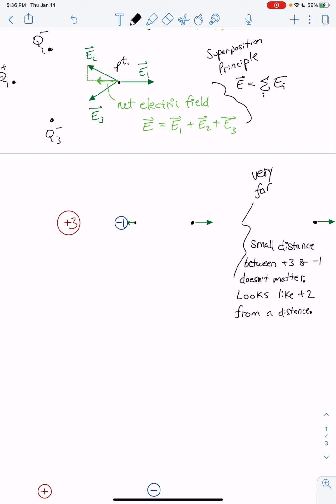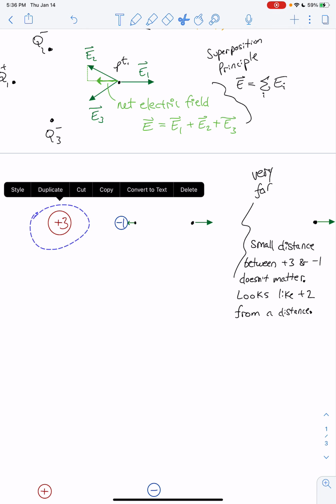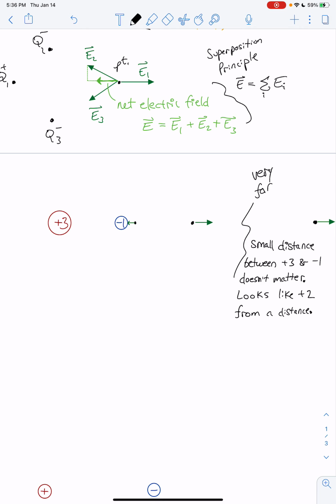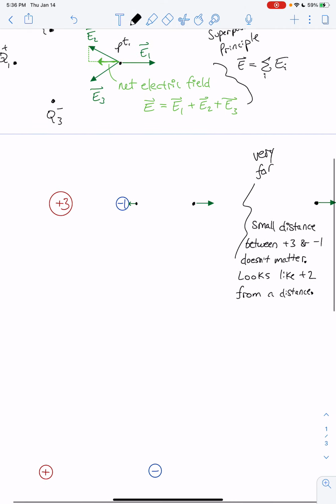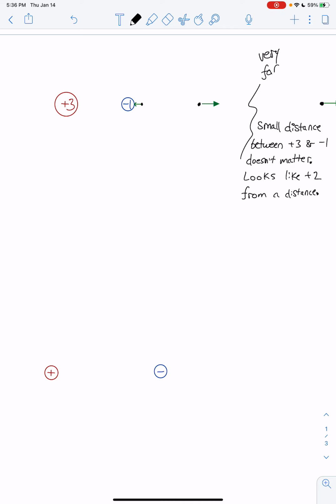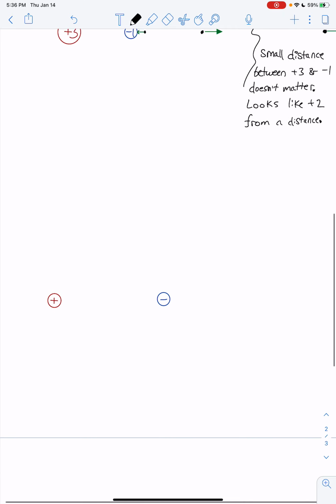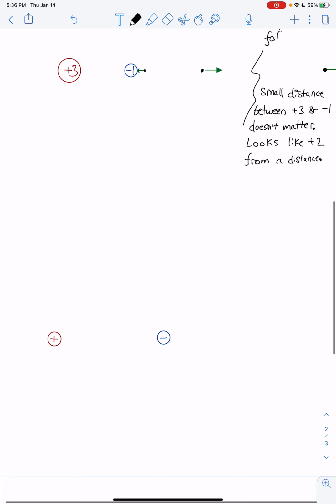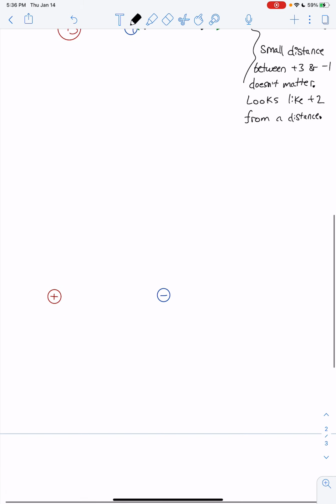So you can also draw field lines to describe this situation. Okay, so if we wanted to draw out the field lines to get a sense of what this looks like, then why don't we do it for the case here.